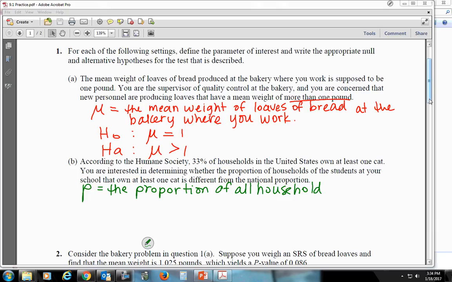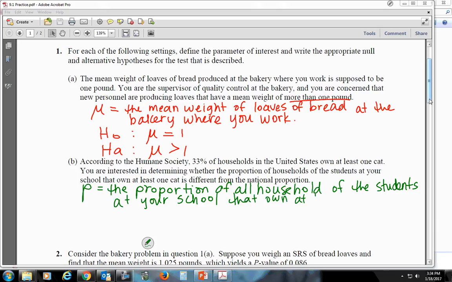Okay, so the proportion of all households of the students at my school that do what? That own at least 1 cat. Are we okay with defining?